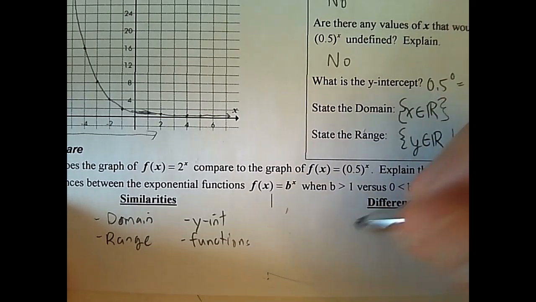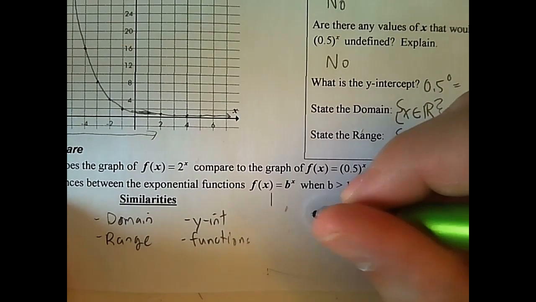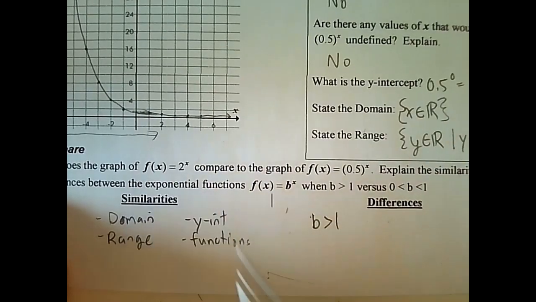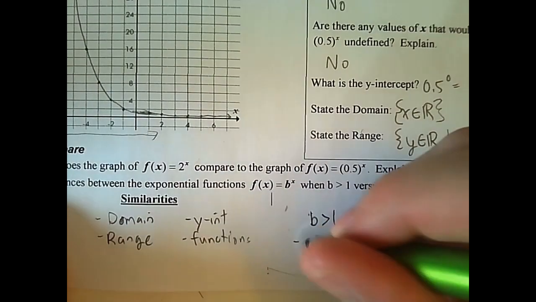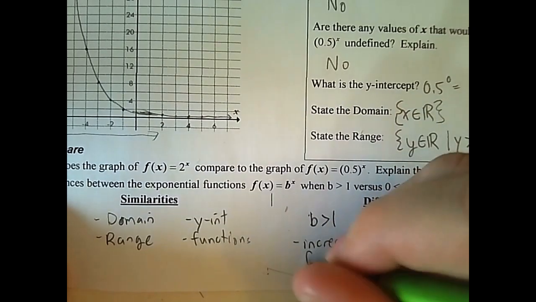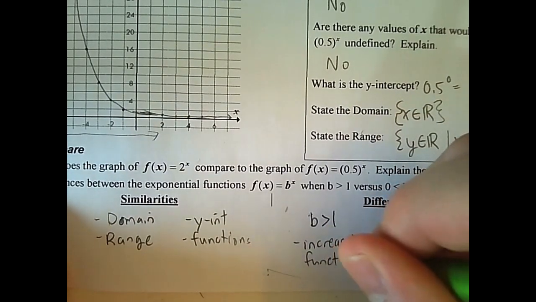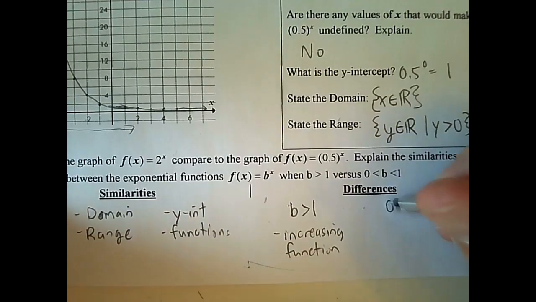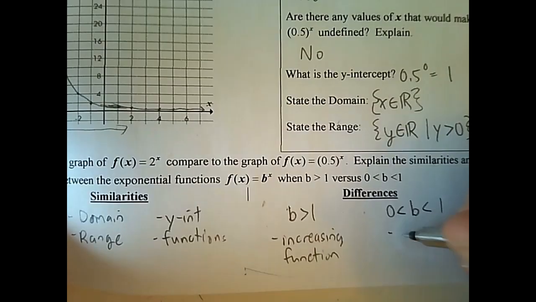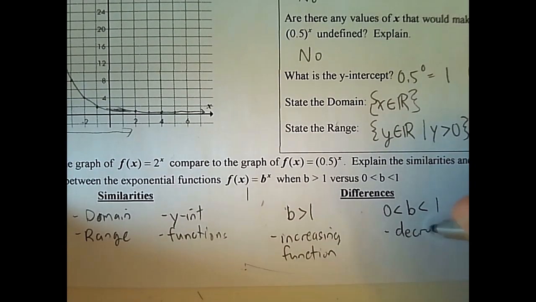The differences: when b is greater than 1, so like 2 or 3 or more, then it's going to be an increasing function. And when the b value, or the base, is a fraction or a decimal, then it's going to be a decreasing function.